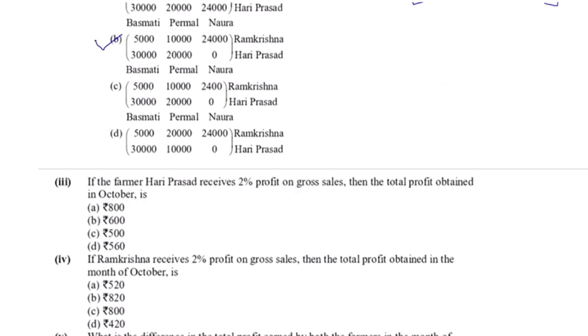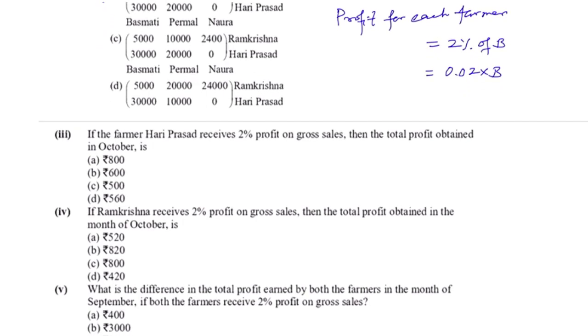In third part, if the farmer Hari Prasad received 2% profit on gross sales, then the total profit obtained in October is. So the profit for each farmer is equal to 2% of matrix B, that is equal to 0.02 into matrix B, that is equal to 100, 200, 120, 400, 200 and 200.